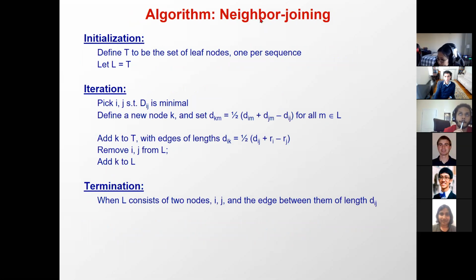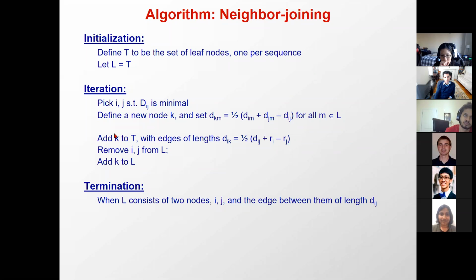So the neighbor joining algorithm is therefore: you initialize T to be the set of leaf nodes, one per sequence, and then the set of leaves is T. And then you pick i, j such that the capital Dij is minimal. And then you define a new node and you set Dkm to be 1/2 times this set of distances for all m.